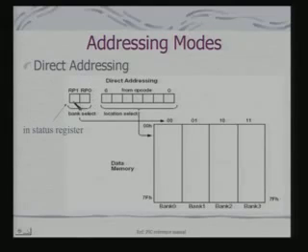In the PIC, these 2 bits RP1 and RP0, which are part of the status register, are used for selecting what is called a bank. And in the bank, the address is specified by these bits, which are part of the instruction. These bits from the instruction make the choice of the location in a typical bank.